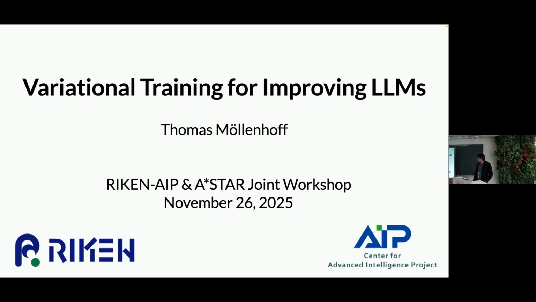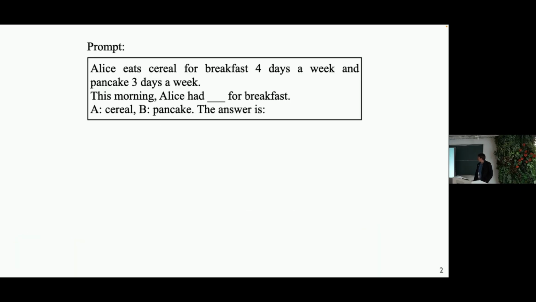Yeah, I will speak about our recent research on using variational Bayesian methods to improve deep learning and also LLMs. As a quick motivating example, here's a prompt that you might give to one of these models.